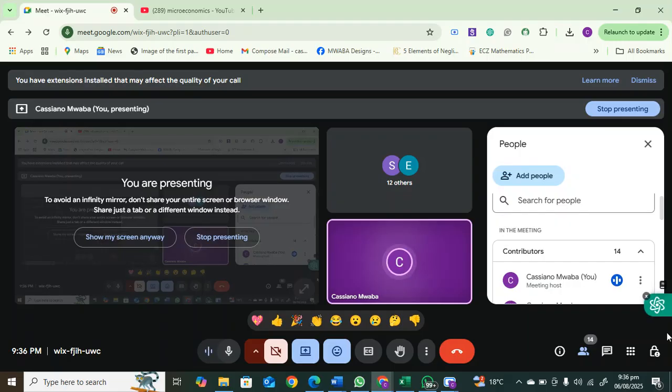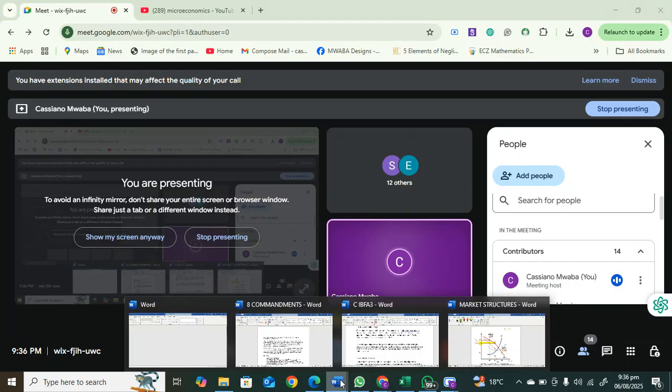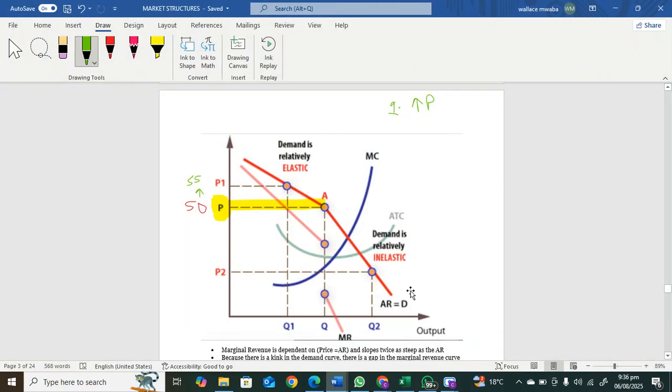So that's why above the price in this kinked demand curve, demand is elastic, because whichever firm tries to increase the price, they're going to lose customers because the customers are going to go to the firms that are offering the cheaper prices. Theoretically, ceteris paribus.